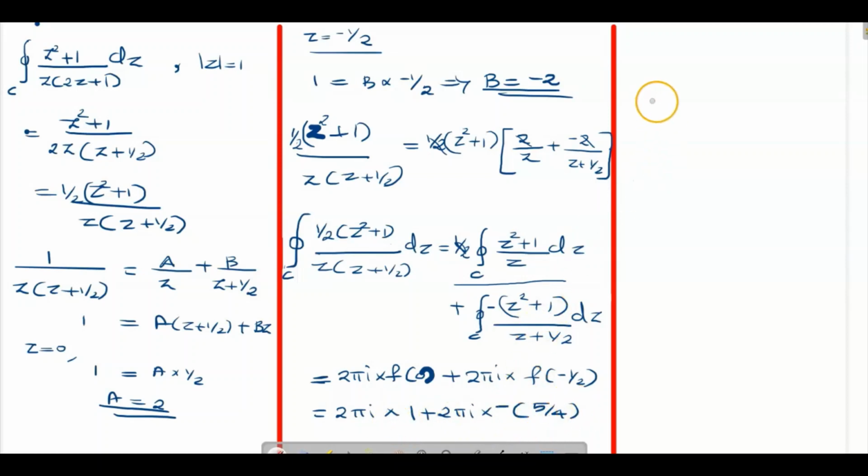Now what we get? 2 pi I is common. 1 minus 5 by 4. That is 2 pi I into minus 1 by 4. 2, 4 cancel. That is minus pi I divided by 2. We got minus pi I divided by 2.